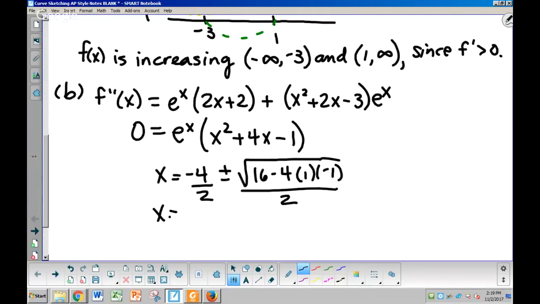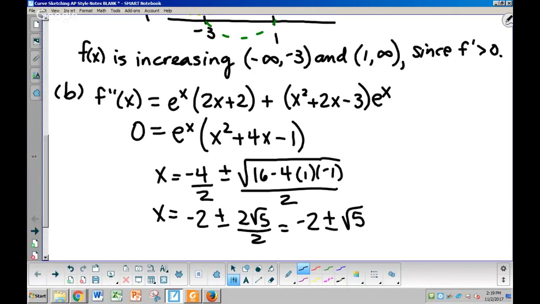So x equals negative 4 plus or minus the square root of 20, which is 2 root 5, yes. 2 root 5 over 2, which simplifies to negative 2 plus or minus root 5.